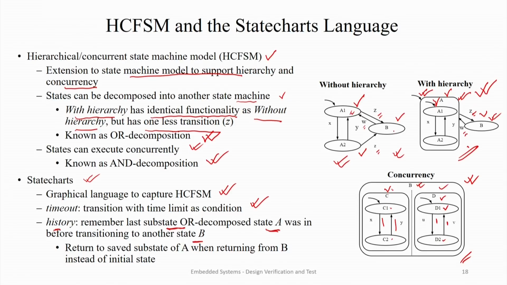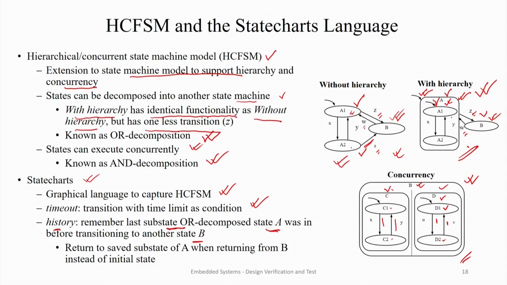Now, you can move to state B either from A1 or from A2, because on transition Z you have moved to state B. Now, by remembering history, you remember the last substate in state A that you were in before moving to state B. Suppose you move to state B from A2 using this transition.